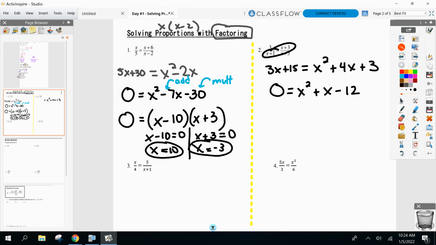If you haven't done so in your group, let's go, factor it. Two numbers that multiply to this and add to this.